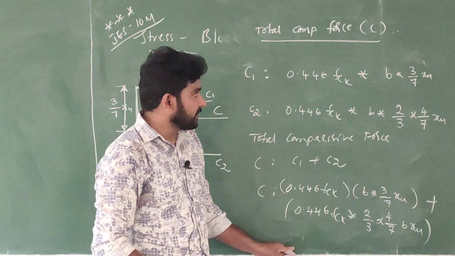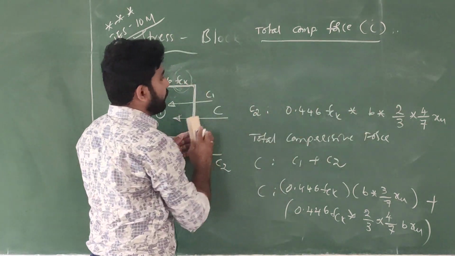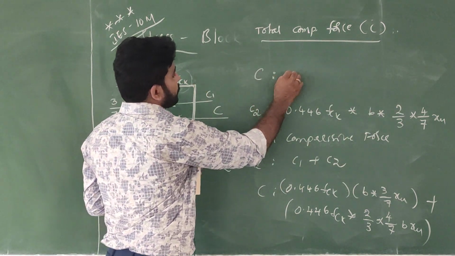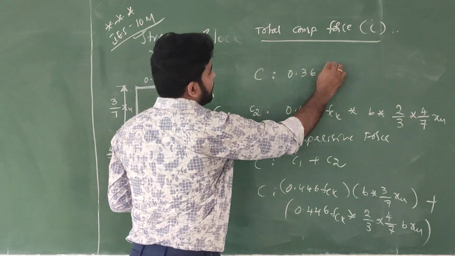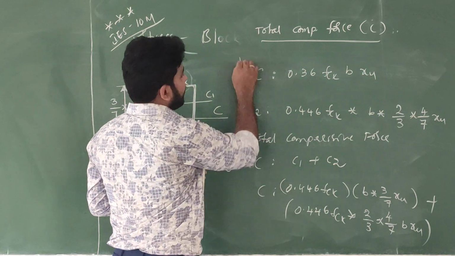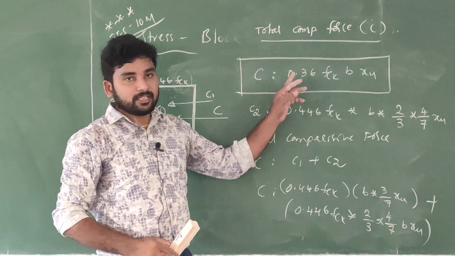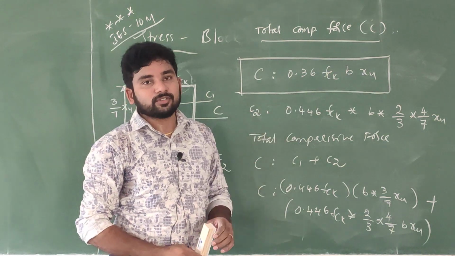Doing the simplification, finally we get the total compressive force C equals 0.36 FCK into B XU. Put it in the box. This is the total compressive force.